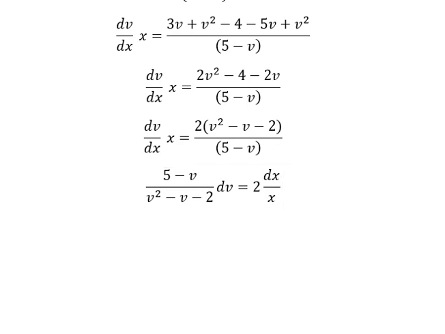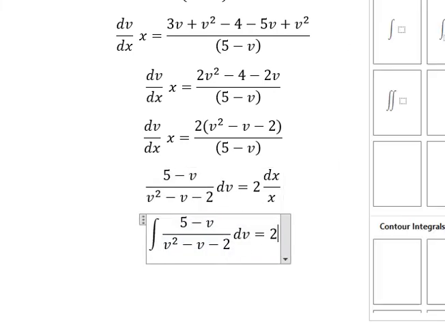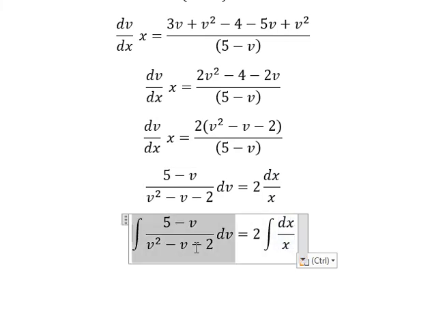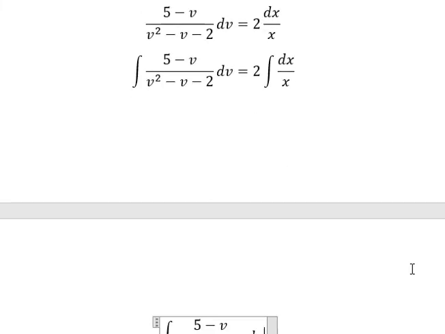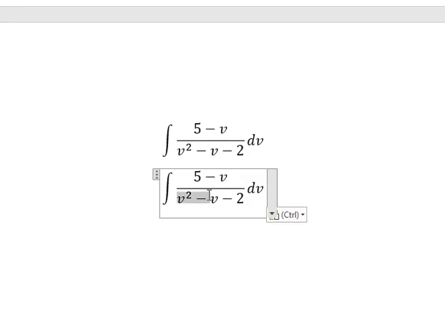Next, we put the integration for both sides. Now I will concentrate on this one. Now we need to do factorization in here.